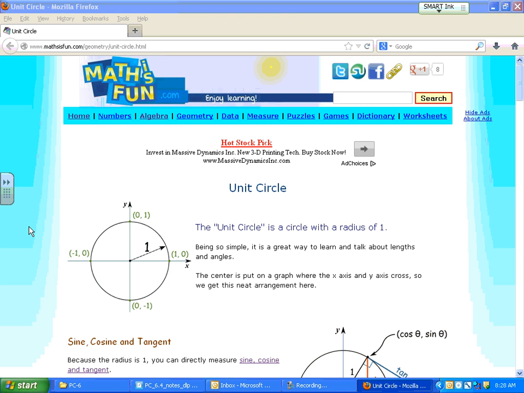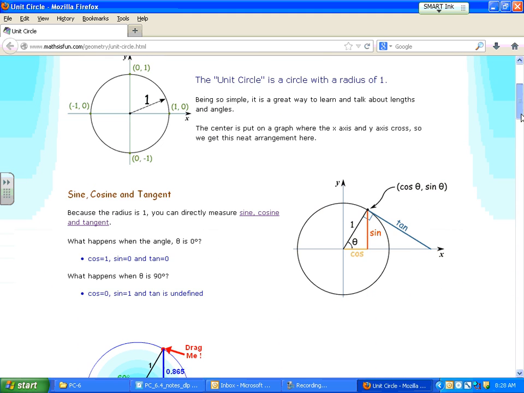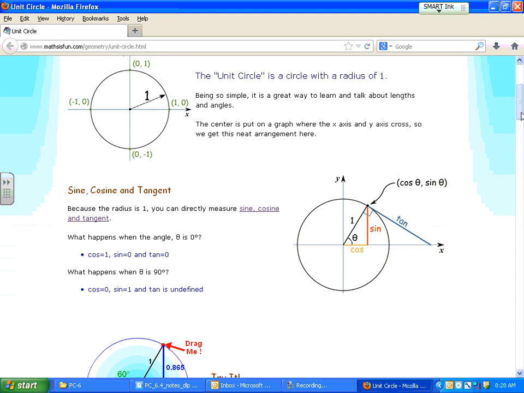In the next section, we're going to talk about something called the unit circle, which is a circle with a radius of 1. Notice in this diagram we have the 4 points we highlighted earlier, the points that are on the axes. These are called quadrantal angles. Notice their coordinates with a radius of 1.